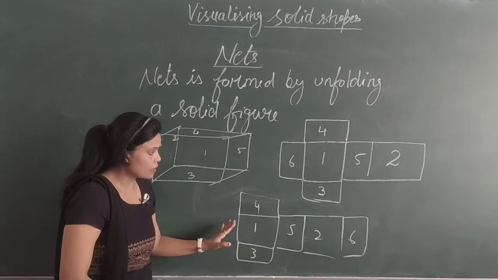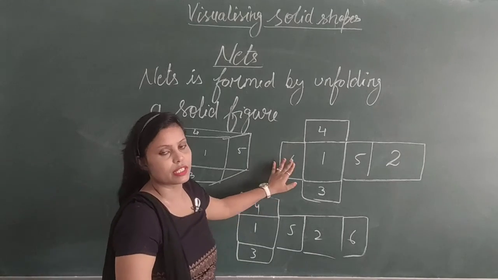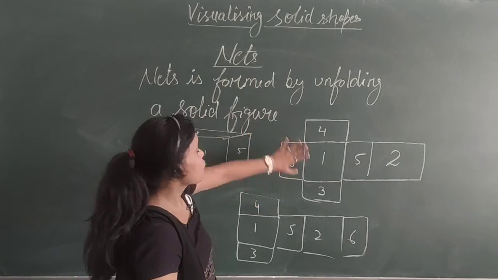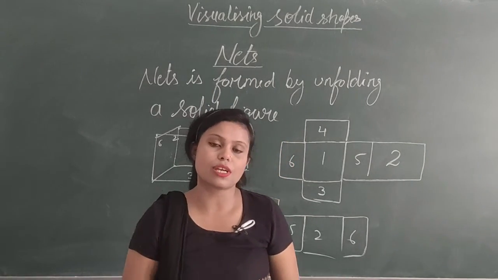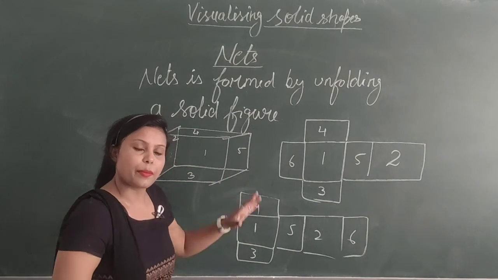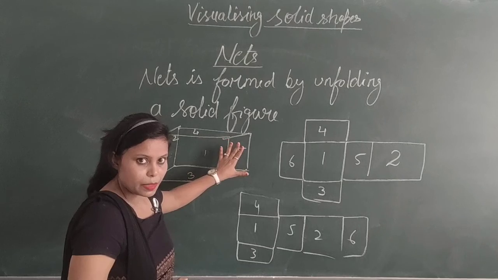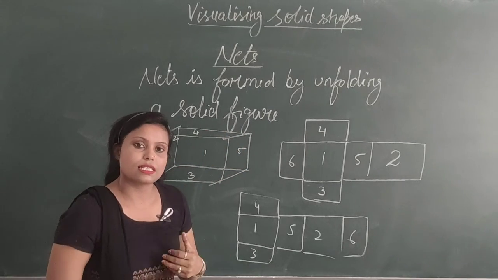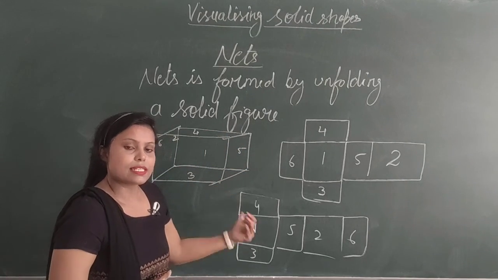Okay, so nets can be represented in different ways. So this was the introduction of the chapter Visualizing Solid Shapes. All the exercises are dependent on this concept. You can try your exercises by understanding this concept.